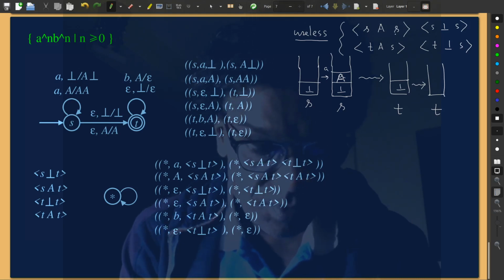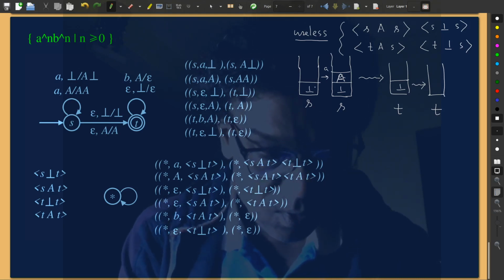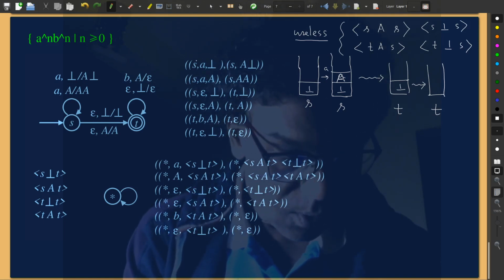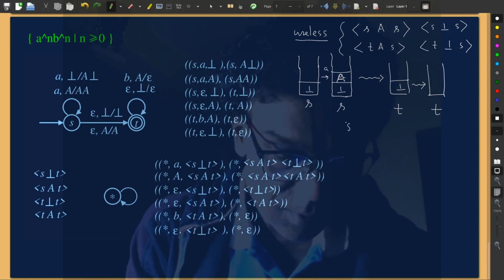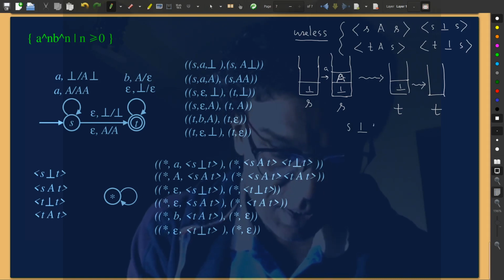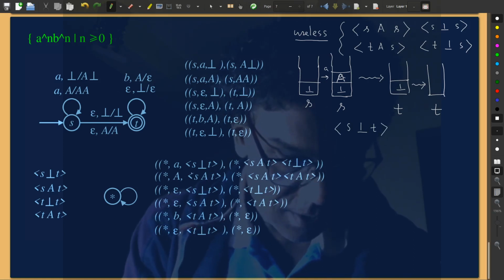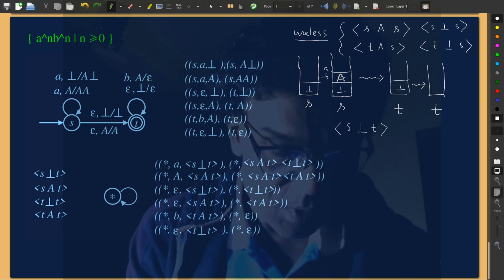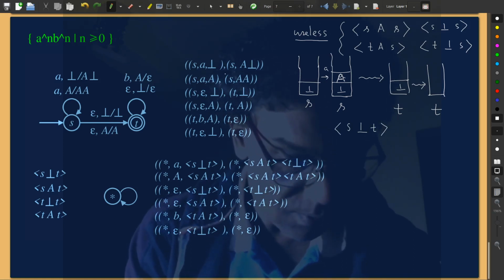So I am starting with S. I have these on the top of the stack. I will eventually reach T. For that, the first thing I do is I am reading a, consuming a, as given here.